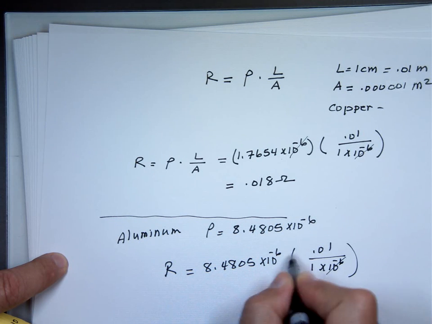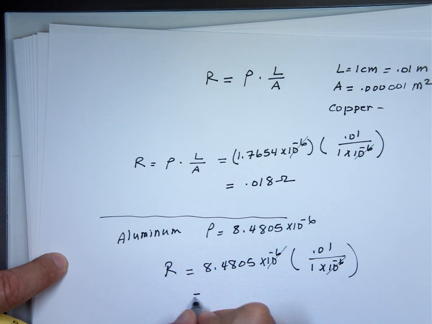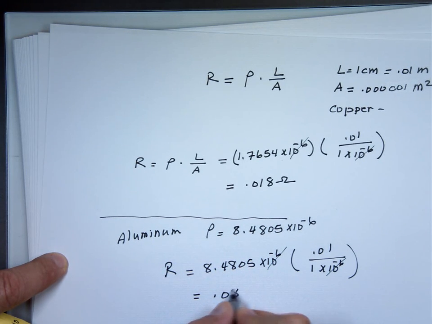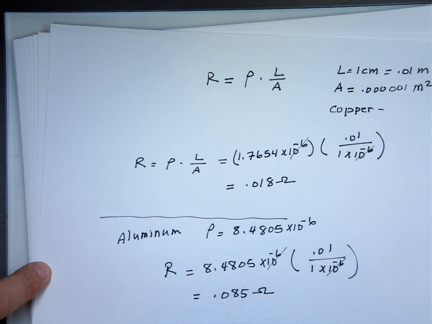And that's 0.085 ohms. Still a small value, but this is about 5-6 times bigger than that. So the current through that, because that's about 5 times bigger than this, will be about 1/5 of that current. They don't give us anything for rubber and plastic, and do we have anything?